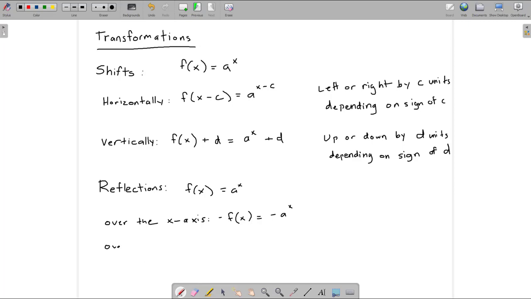And like we saw in our earlier problem, if I want to reflect over the y-axis, I change the sign of my input, my x here. So that's going to make this a to the negative x, which is exactly what we saw with our other problem. Reflecting the 2 to the x over the y-axis gave us 2 to the negative x.